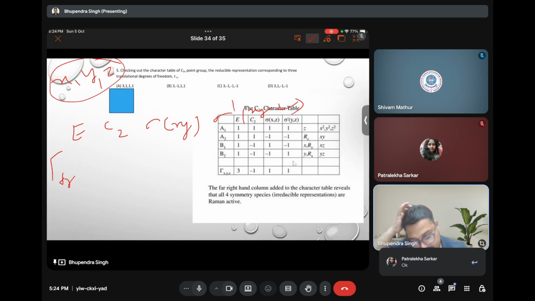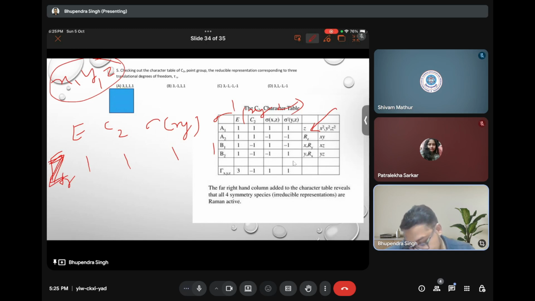So by applying the symmetry operation E, what will be the character? For z, which is A1, what are the characters? 1 1 1 1.